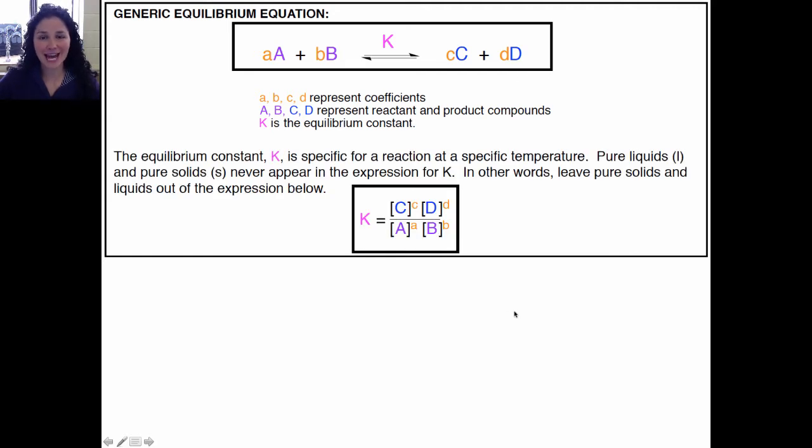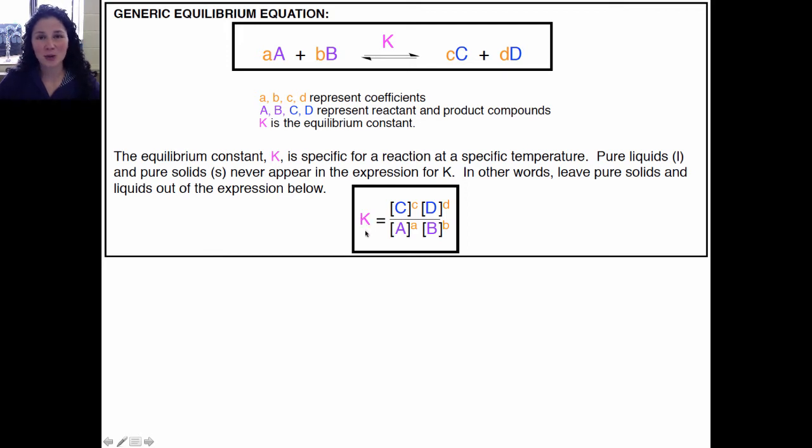K is defined as the product of the concentrations of each product raised to the power of its coefficient divided by the product of the concentrations of each reactant raised to the power of their coefficients. Notice how I've color-coded these things to show you where these numbers are coming from and where they end up in this formula.